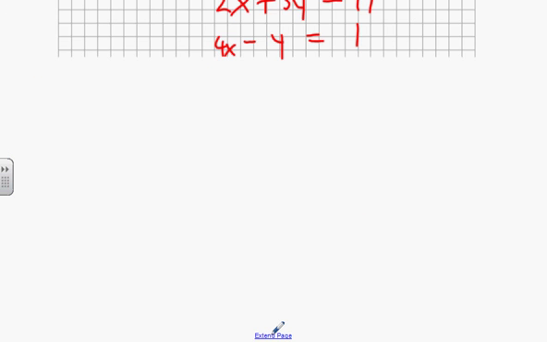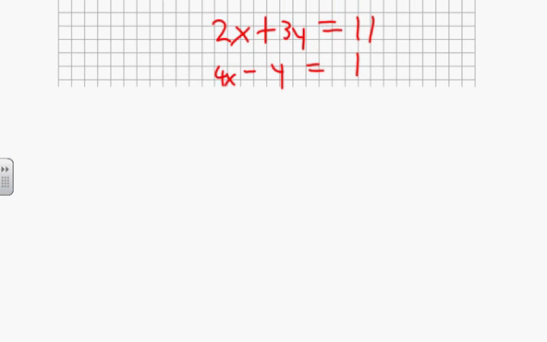Okay, good call. There's two ways of doing it. The way Ryan described, Ryan is going to target the x's and get rid of them. He's going to multiply the top equation by minus 2 and get minus 2x minus 6y equals minus 22.